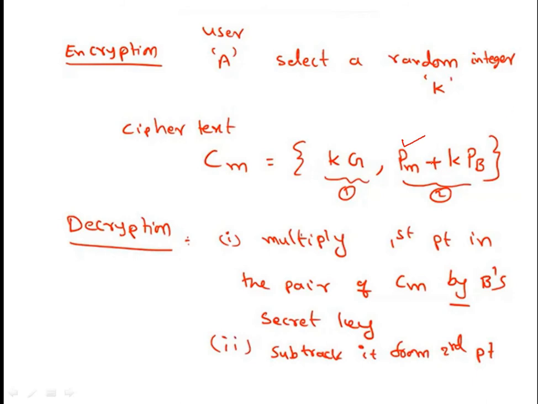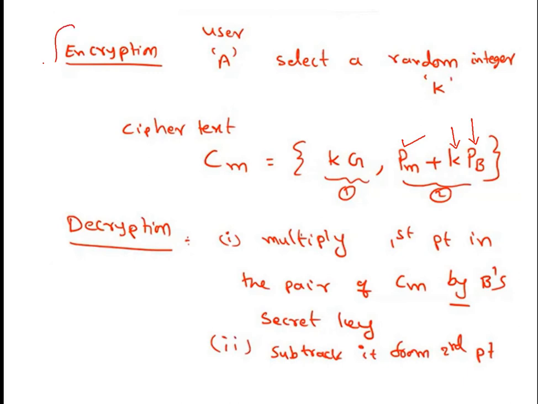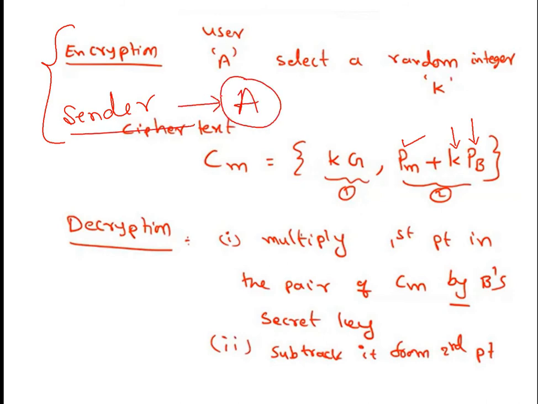And then this plain text is added with k, that is a random integer, and Pb. What is Pb? You already know what Pb is here. Pb is nothing but the public key of B. Because this encryption is taking place at the sender side. What is the sender name? A. So A is doing encryption. What A wants is the public key of B, where B is the receiver.